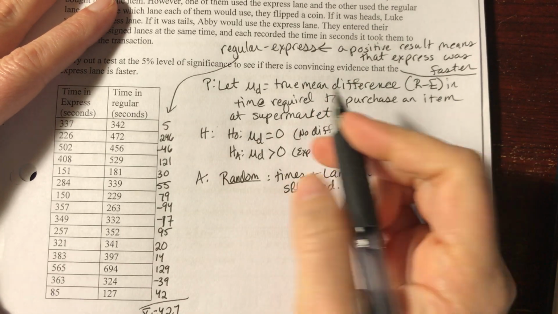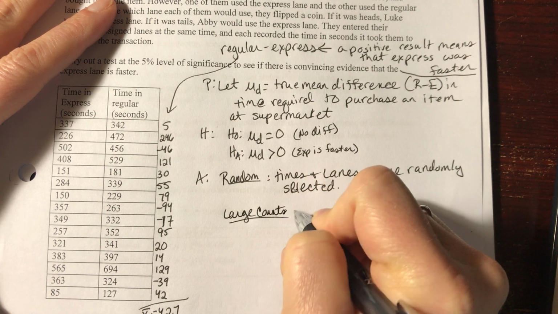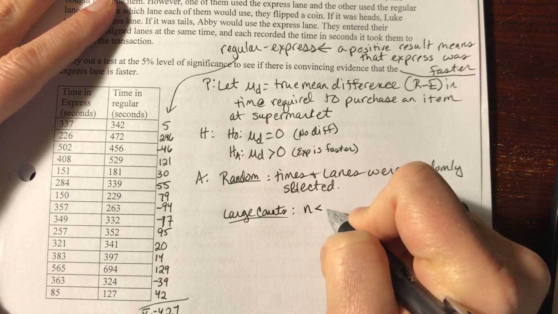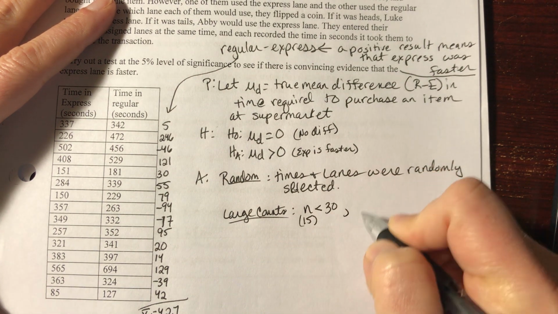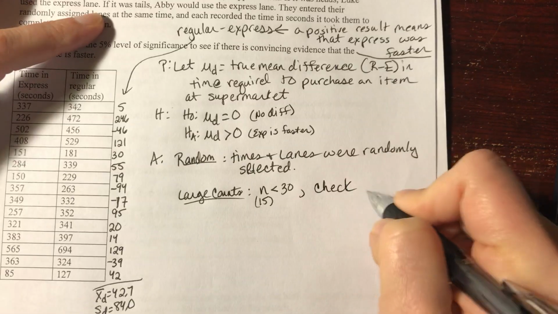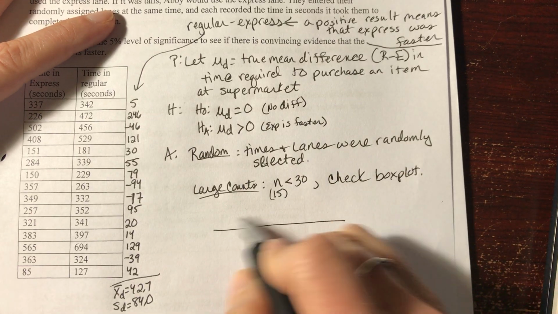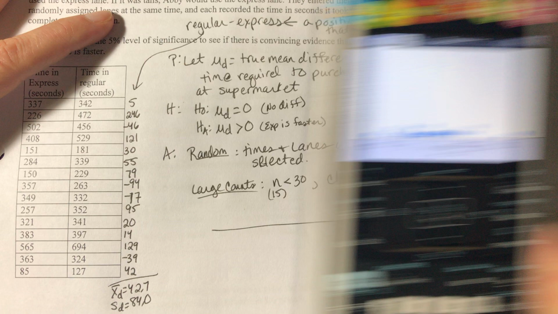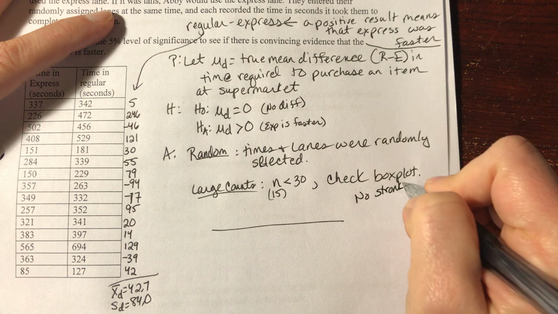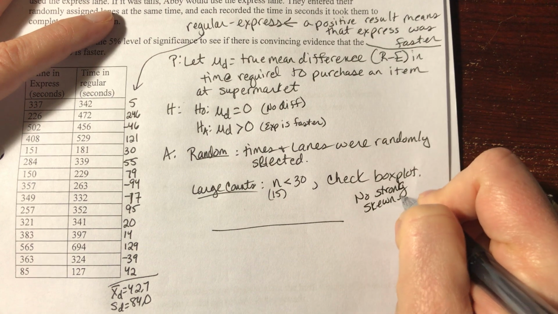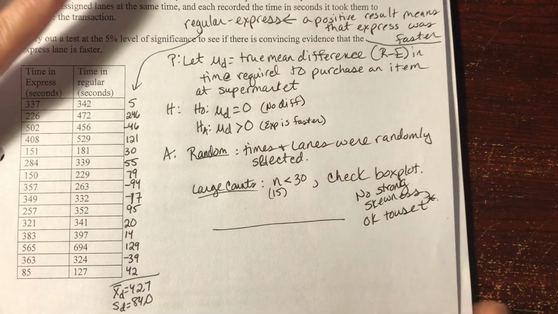So when we're looking at our data for our large counts, since n is less than 30, and our n was 15, then we need to check the box plot. We would sketch the box plot. You draw your box plot here, that we've got right here. No strong skewness means it's okay to use T-star, or the T procedures.